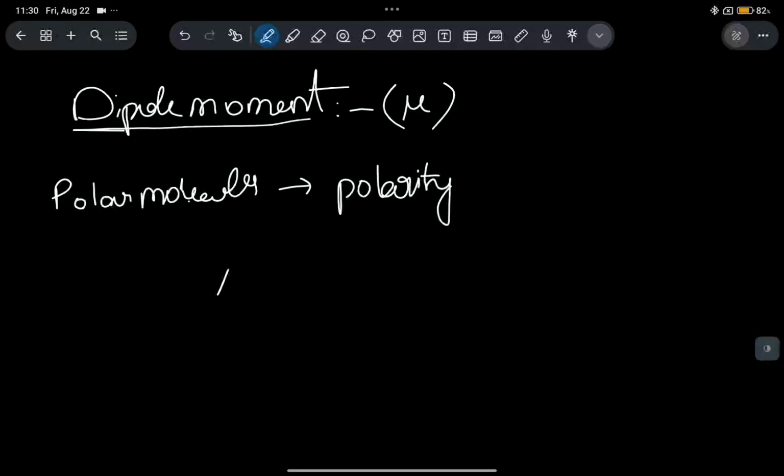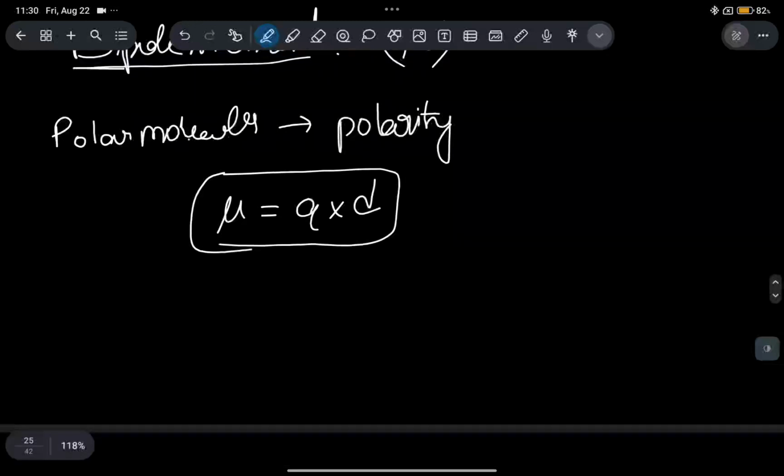Dipole moment is equal to Q into D, where Q is the magnitude of charge.